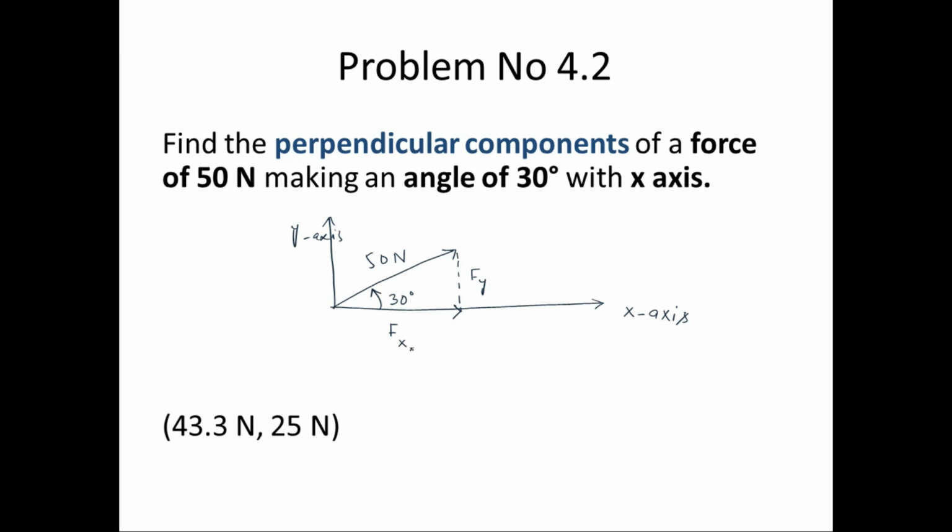To find f of x, we know that f of x is equal to f multiplied by cosine of theta. And to calculate f of y, it is equal to f sine of theta.